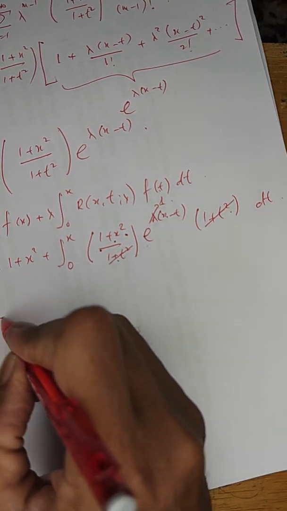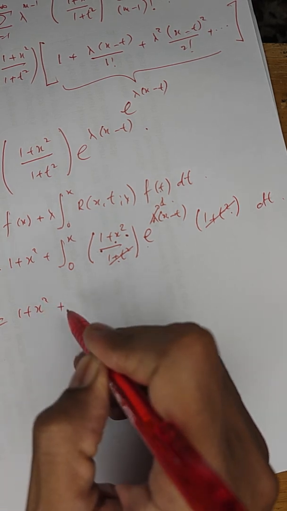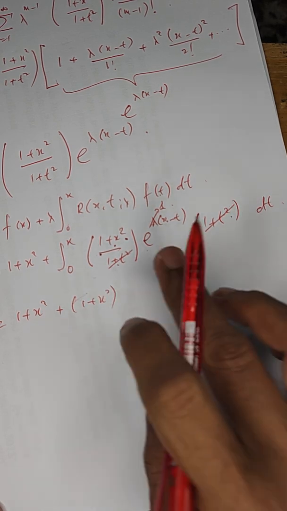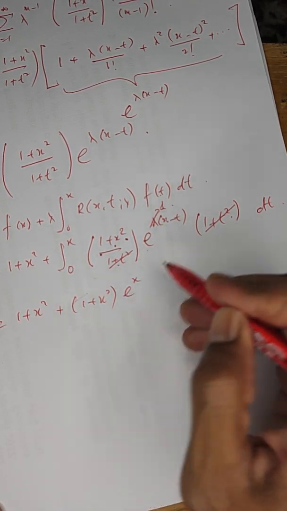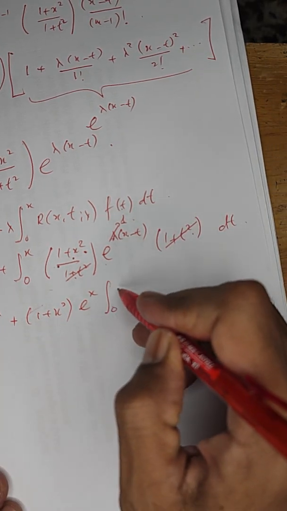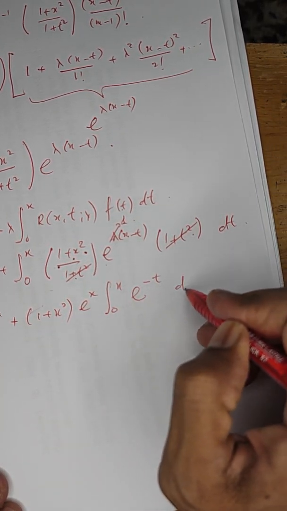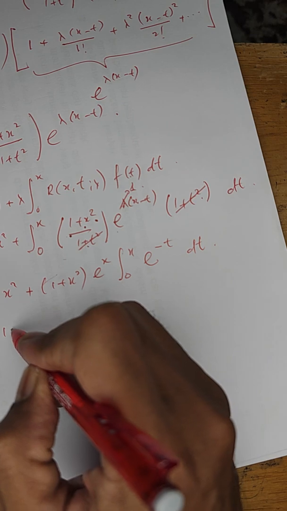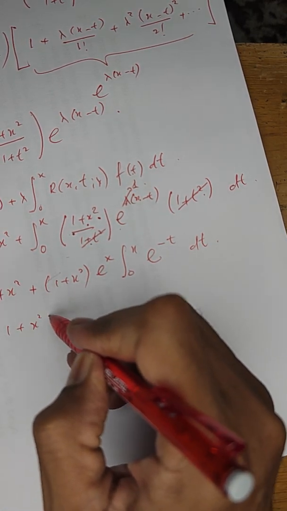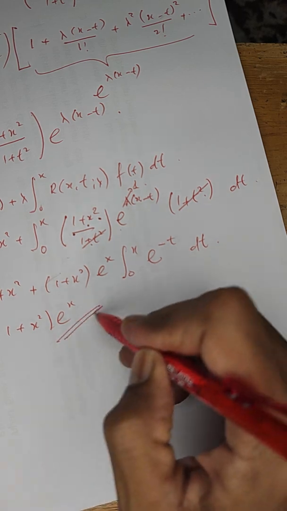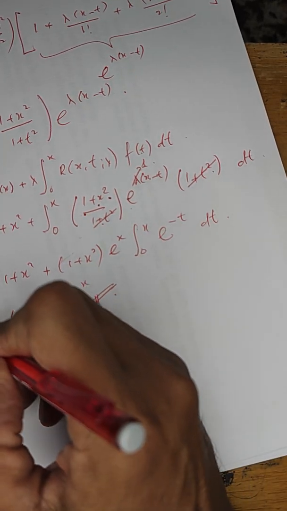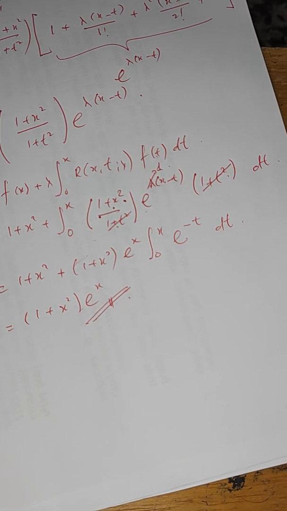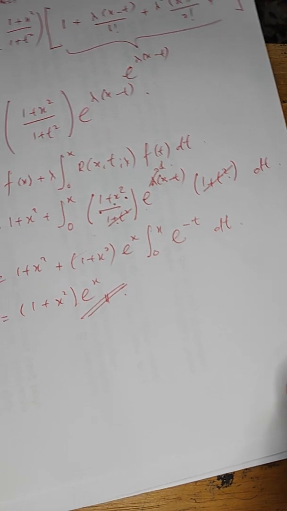So basically you have 1 + x² plus this one, which gives 1 + x² times e^x, so what is left is the integral from 0 to x of e^(−t) dt. You can do this. So the answer is (1 + x²)e^x. This is your u(x), the solution to the Volterra integral equation.